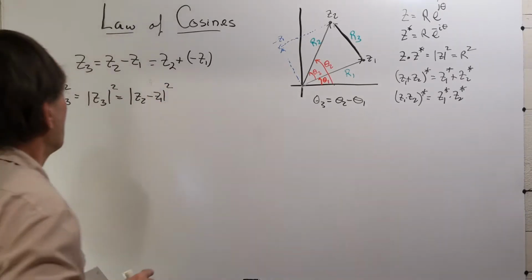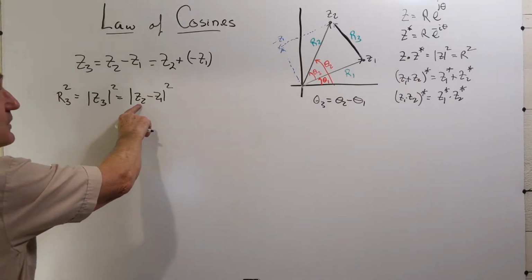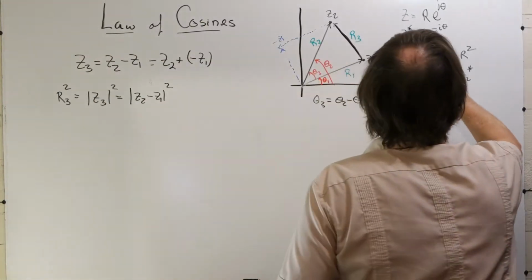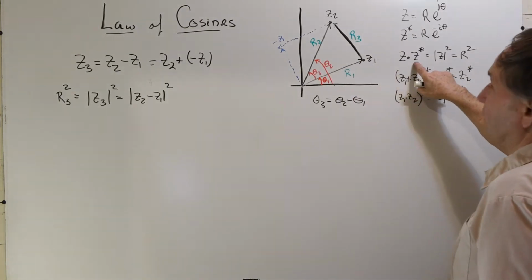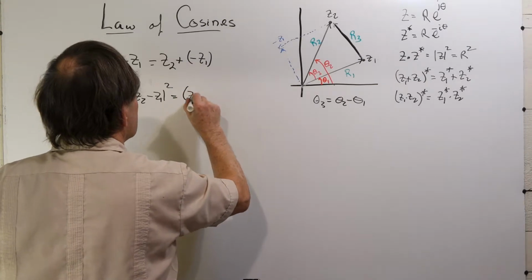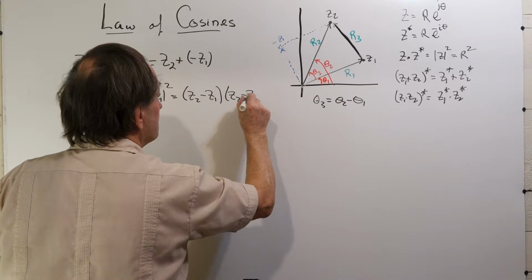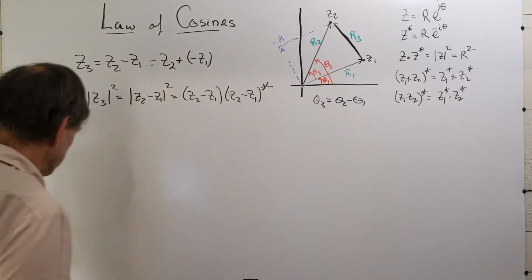But we know that the magnitude squared is just a complex number times its conjugate. So we could write this as Z2 minus Z1 times the conjugate of Z2 minus Z1.